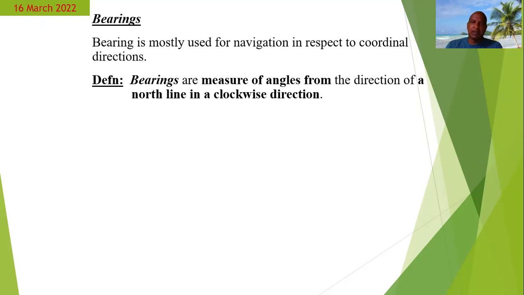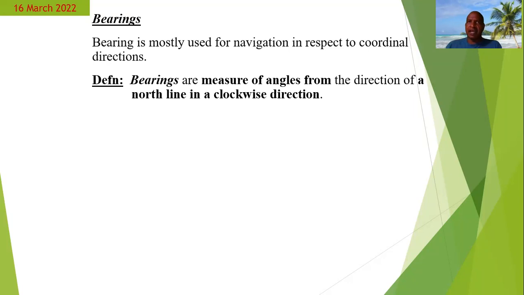All right. So we say bearings are measures of angles from the direction of a north line in a clockwise direction. Now, so it is a measure of angle. So that's what bearing is, but it is measured in a specific way.